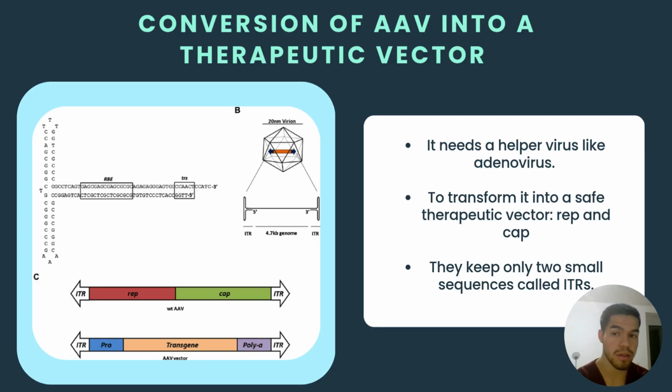They keep only a small sequence called ITRs, or inverted terminal repeats, which are essential for replication and packaging. In the remaining space, the therapeutic gene is inserted along with a promoter and other regulatory elements that control how, when, and where the gene is expressed.